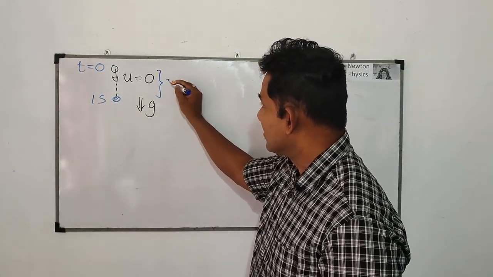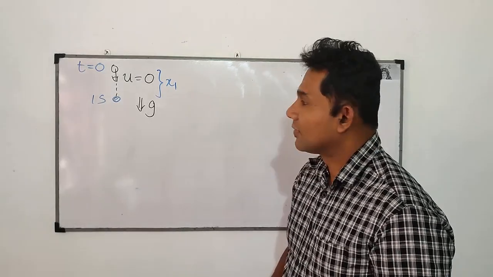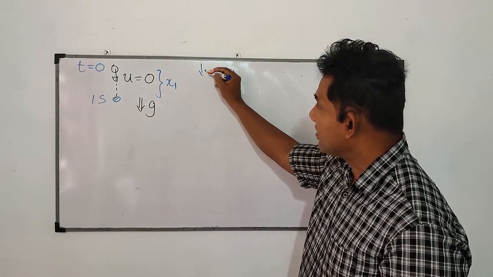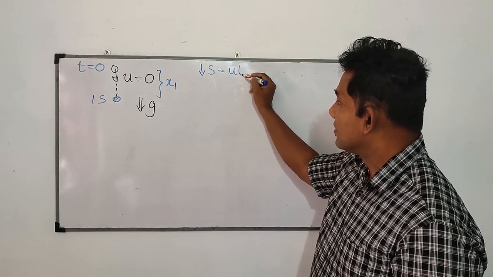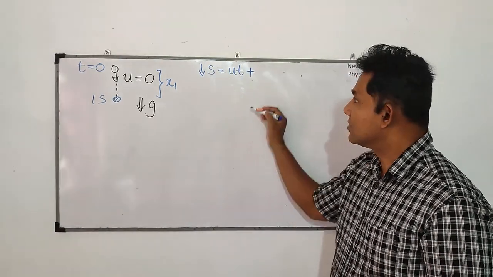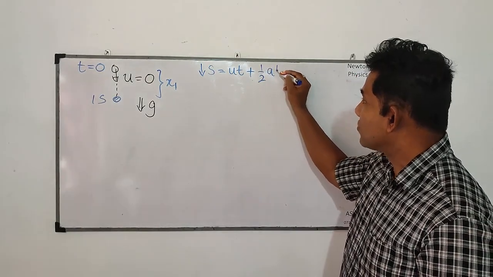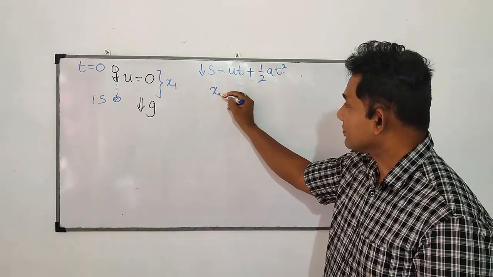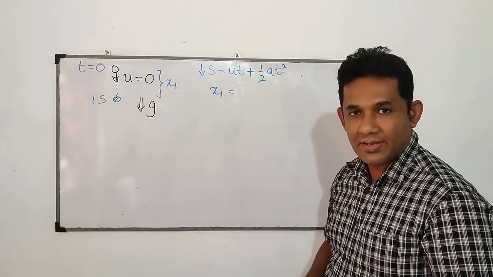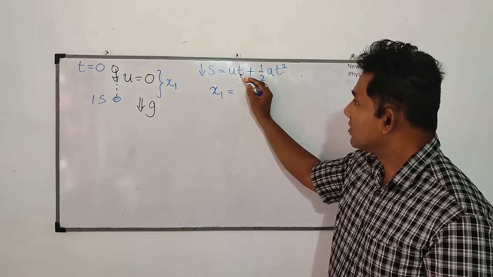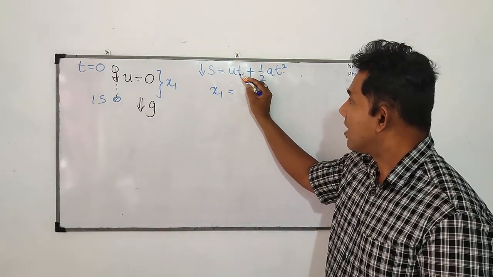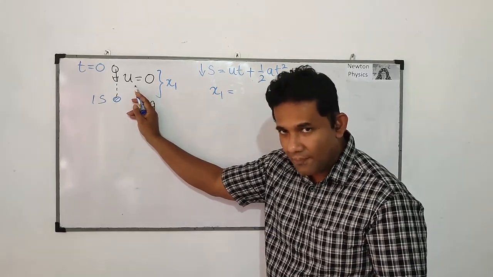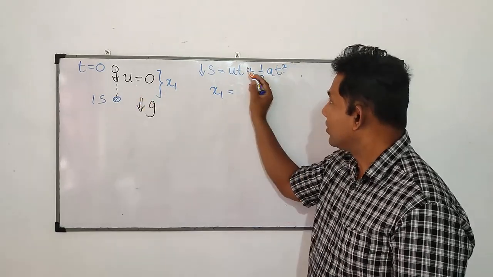I am taking it as x1. I can use a simple relation to find x1. I am using the standard relation s equals ut plus half at squared. Here the fallen height becomes x1, and think about the term ut. Here u is the initial velocity. The initial velocity is 0, so ut becomes 0.